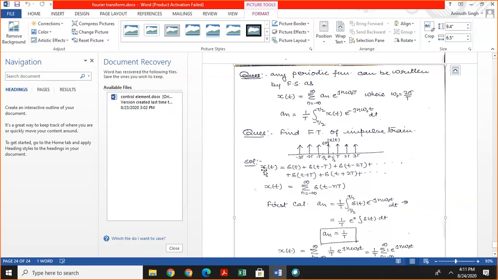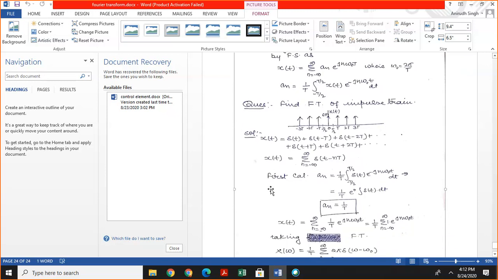This impulse train can be written as x of t is equal to delta t plus delta t minus capital T, delta t minus 2T, plus delta t plus capital T, similarly plus delta t plus 2T, and so on.